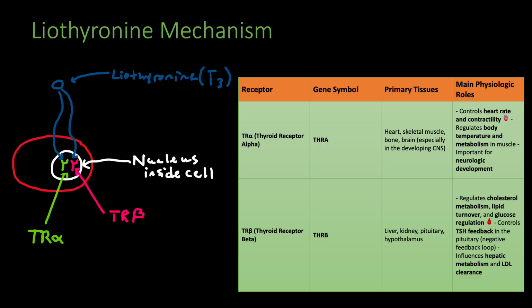This alters transcription of the genes involved in all of these different functions that I described here in this table. I think it's pretty interesting how levothyroxine is actually the first step in this mechanism, and then it converts to the T3, which is similar to what liothyronine does.